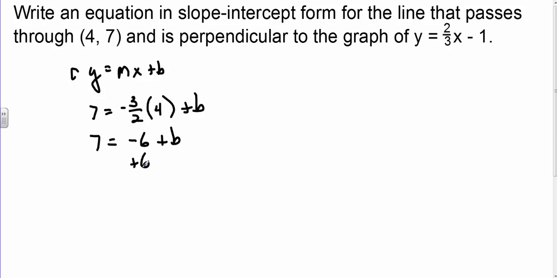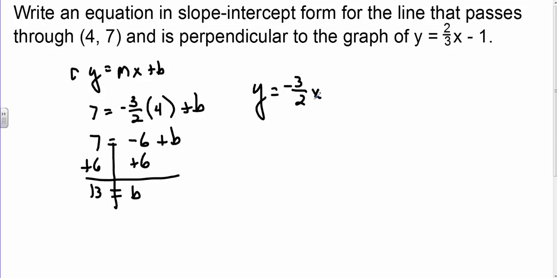That's plus 6 on both sides. And that gives us 13 equals b. Then we want to write y equals. Remember the negative reciprocal of 2/3 was negative 3/2, so y equals negative 3/2 x plus 13. I bet you got that, didn't you? Good job.